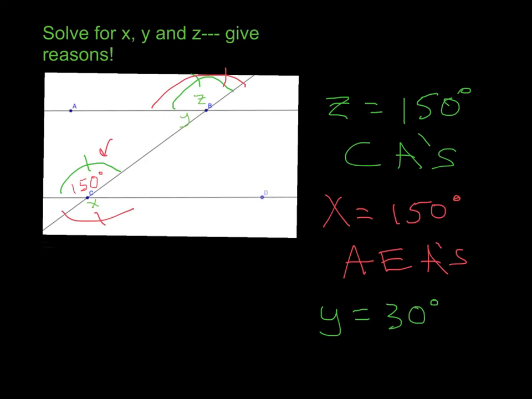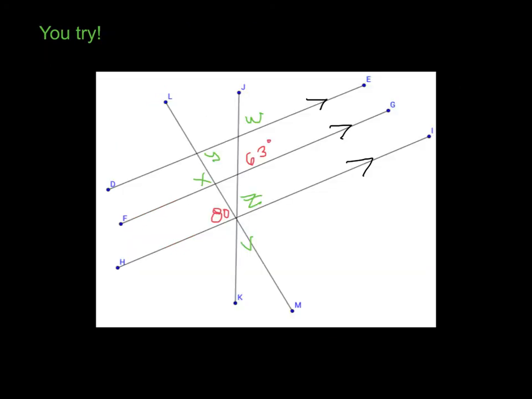So this was a fairly straightforward angle puzzle using the basic properties of angles and parallel lines that we've discussed in the previous slide. Now I'm going to give you the opportunity to try one that's a little bit more challenging. You'll notice that we have three sets of parallel lines, and we have a couple other angles to solve for. So do your best and good luck.